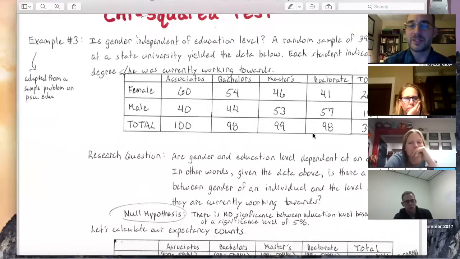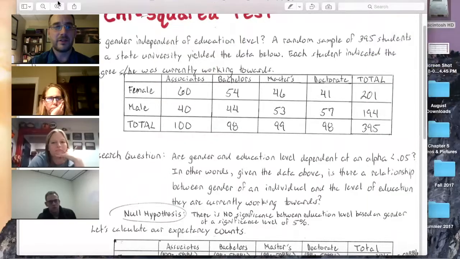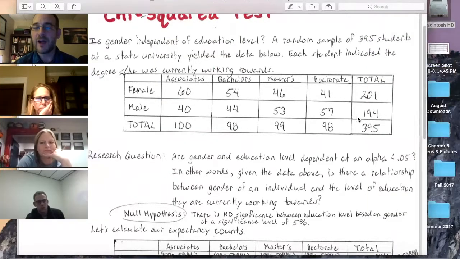So they asked 395 students at a state university, what degree are you working towards? Are you working towards your associate's, your bachelor's, your master's, or your doctorate? Okay, and here's the data that they came up with. I'm not going to read all this to you, but you can see how this is broken down.